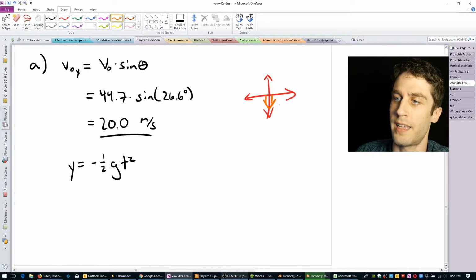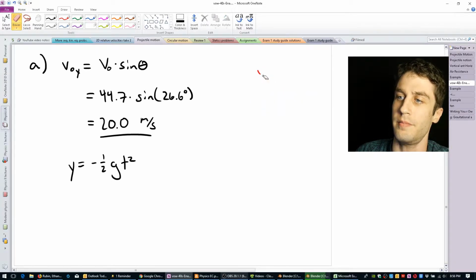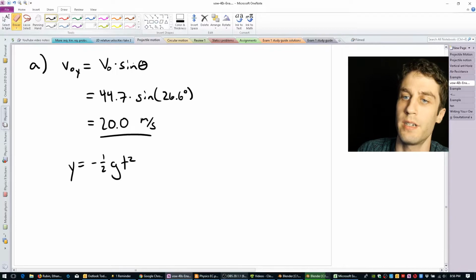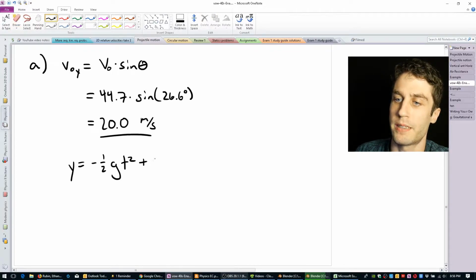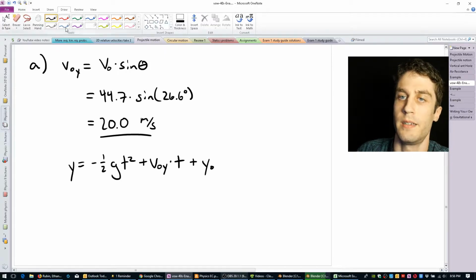We would take the y component of this acceleration, and because the acceleration is downward, it had better pick up this negative sign. And the acceleration is g. So negative 1/2 gt squared plus v naught y times t plus y naught.